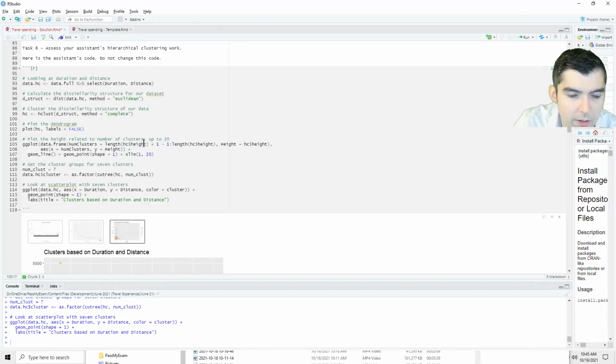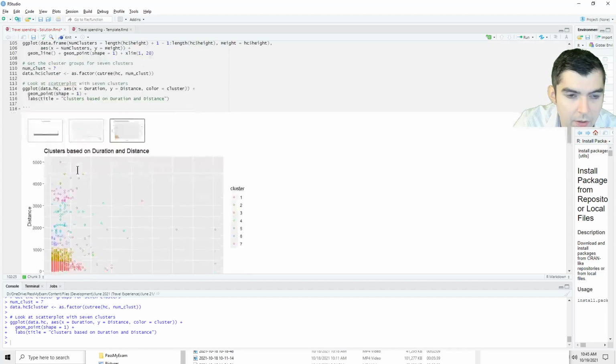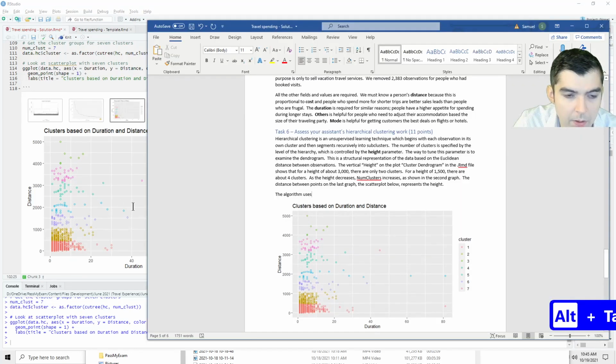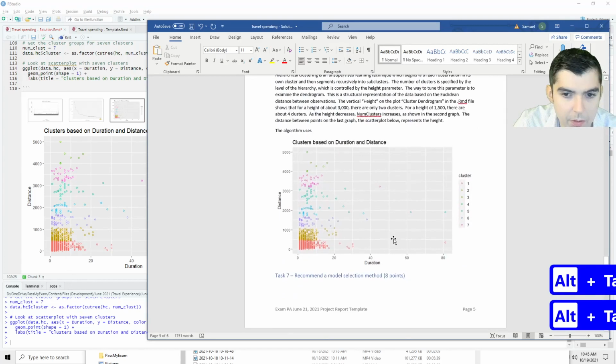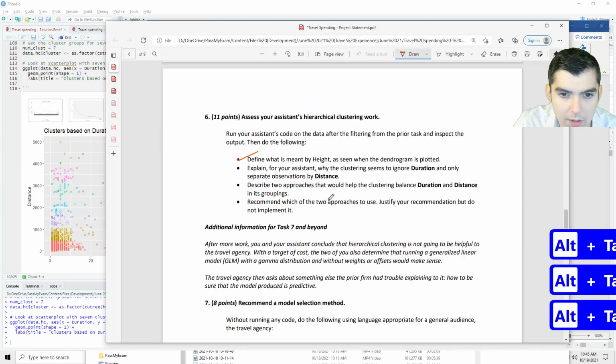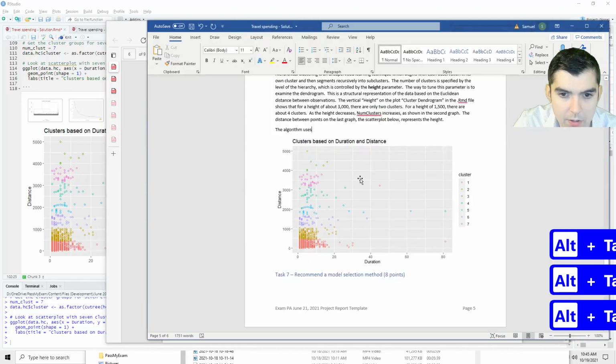Plot the height relative to the number of clusters. Get the cluster groups for 7 clusters. Okay, so on this graph below, there's duration and distance. So they ask to explain to your assistant why the clustering seems to ignore duration.